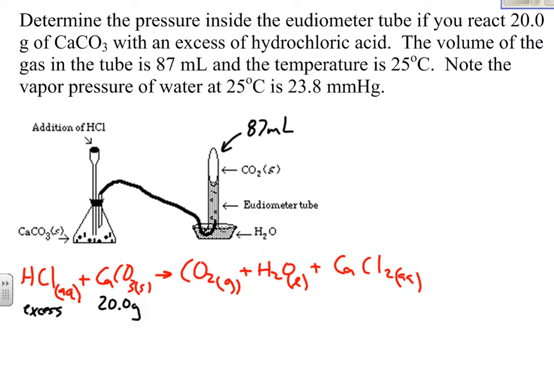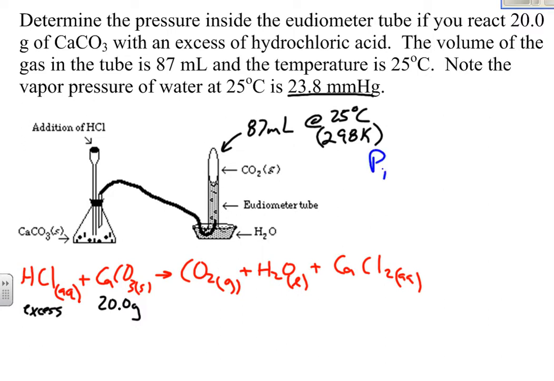We know that the temperature is 25 degrees Celsius, or 298 Kelvin. And we're also told the vapor pressure at this temperature is here. So that gives us the pressure of the water that will be inside that container there. And it wants us to determine the total pressure inside the tube there.